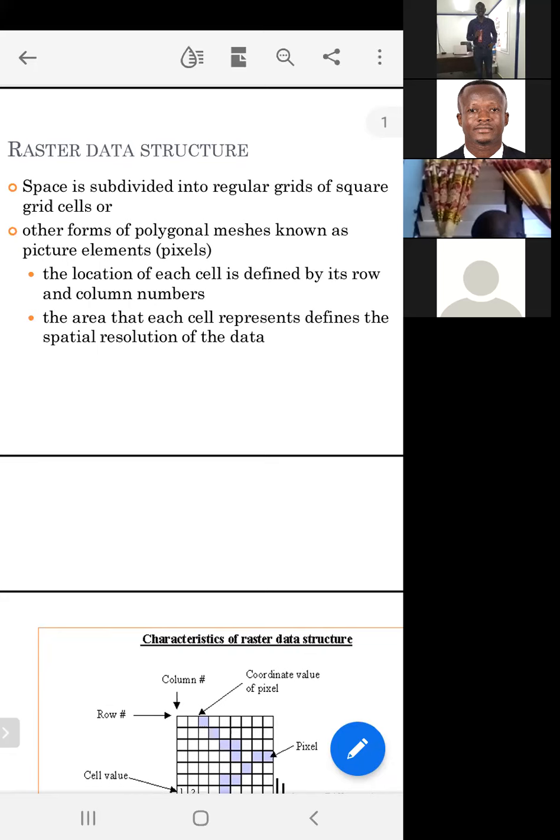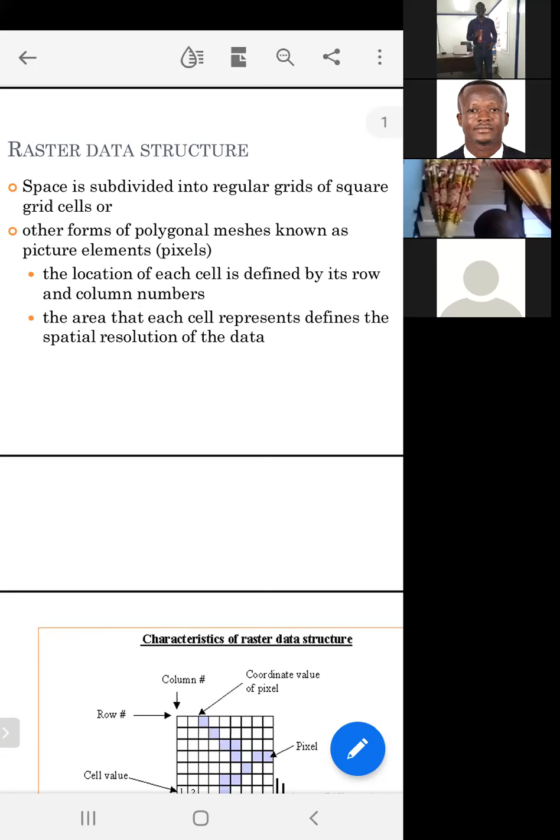The satellite images that meteorologists and weather forecast people are using are all based on the raster data structure. In other words, regular grids of square grid cells are being used. And there's a device, normally a camera, so on a satellite you could have a camera mounted on it.